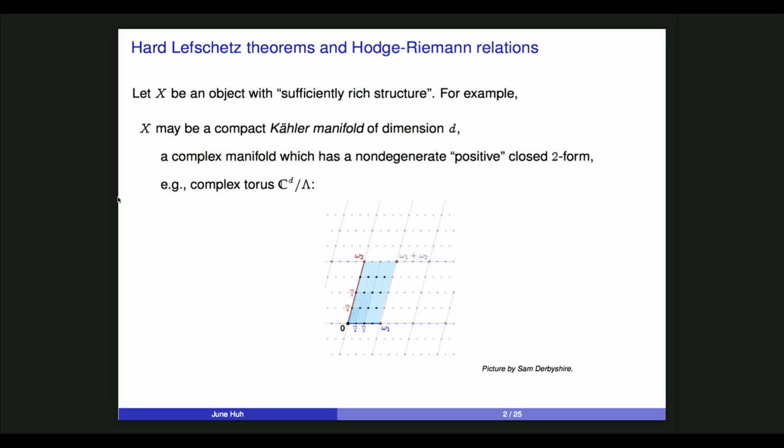But at least I can say that your X may be a compact Kähler manifold of dimension D. So it is something like maybe C^D modulo a discrete group lattice. That can be your X. That certainly counts as an object with sufficiently rich structure.